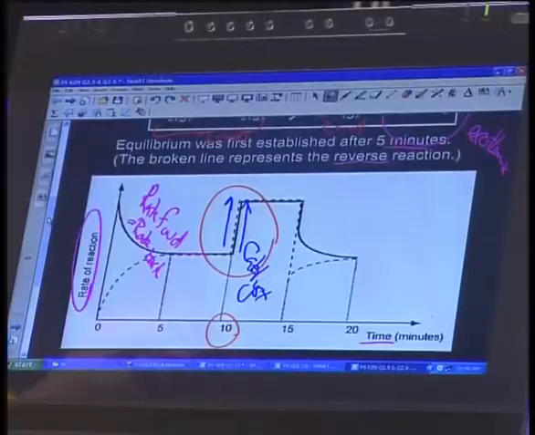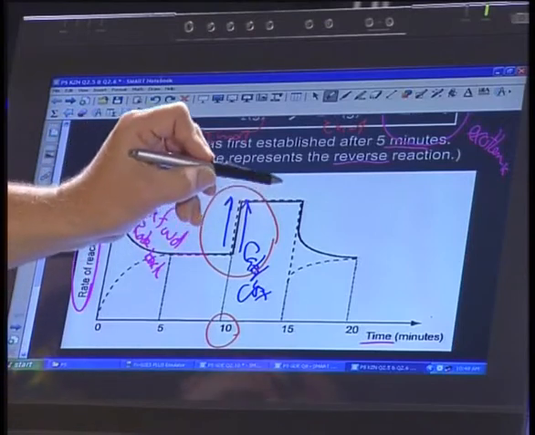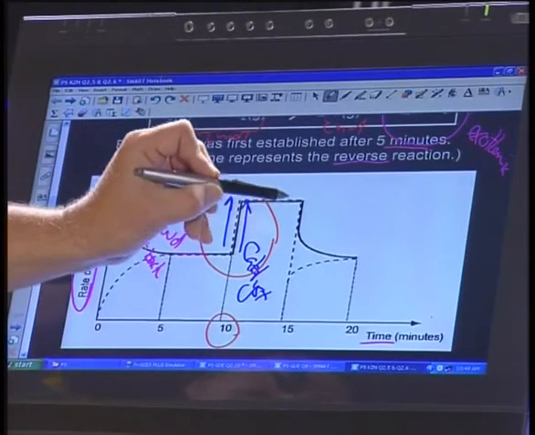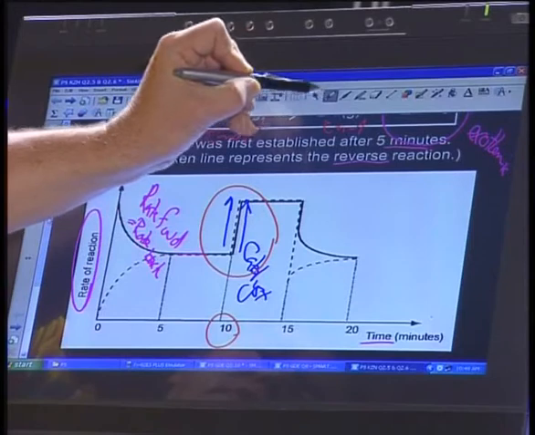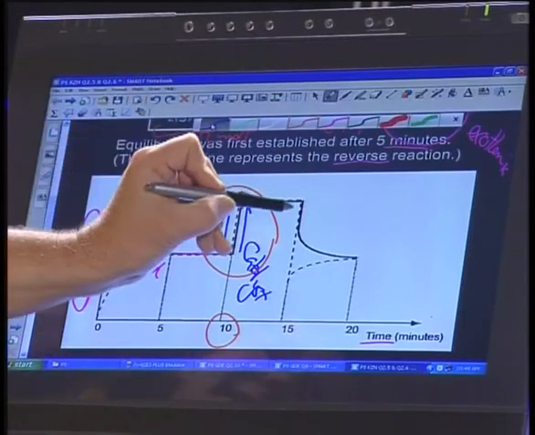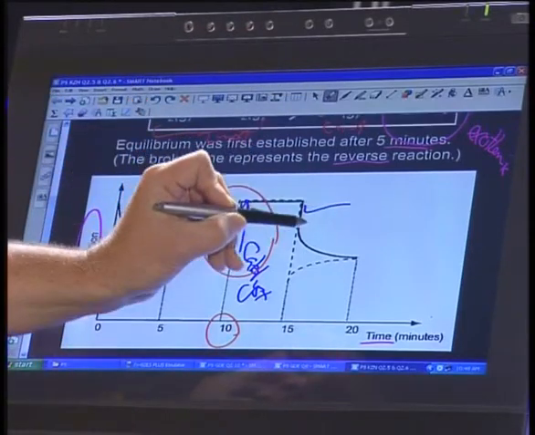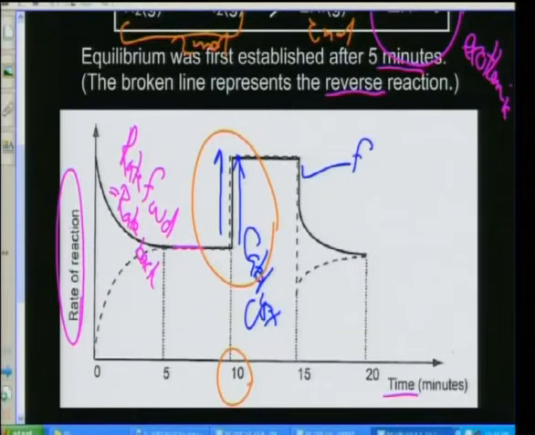But let's have a look at what happens at 15 minutes, because I think that's the more interesting thing that happens. So what do you think is happening at 15 minutes? Let's have a look at it. Notice, first of all, what we need to recognize is that the forward rate decreases.